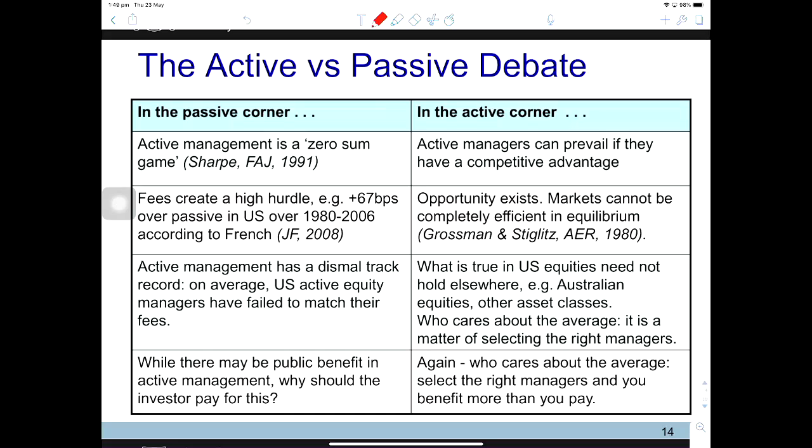So these are two arguments. It depends which side you're going to be. If you're individual investors, you have to make a decision. And most of you will go into the finance industry, you probably will be on the active side of the debate. Of course, if we're going to work for Vanguard, things will be different. You probably will be more likely to join the passive side of the debate.